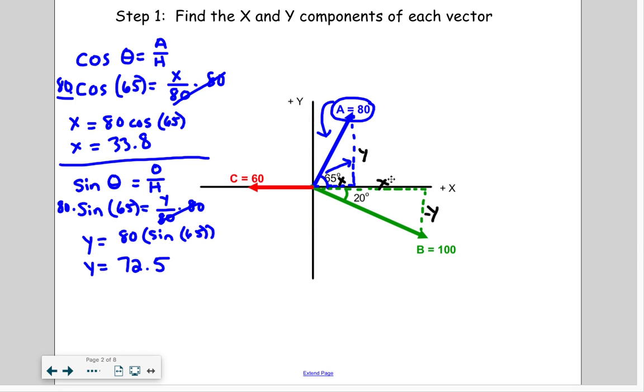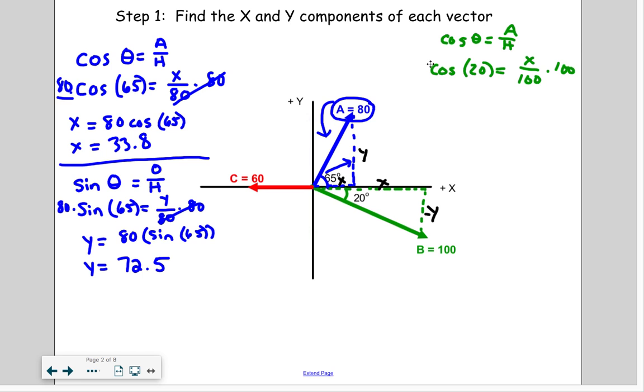Yep, good, it's the adjacent side. Therefore, I'm going to use cosine for the x. So I'm going to say cosine of theta is adjacent over hypotenuse. I'm going to do cosine of, this time, 20 degrees, equals the adjacent, which is my x, over the hypotenuse, which in this case is 100.